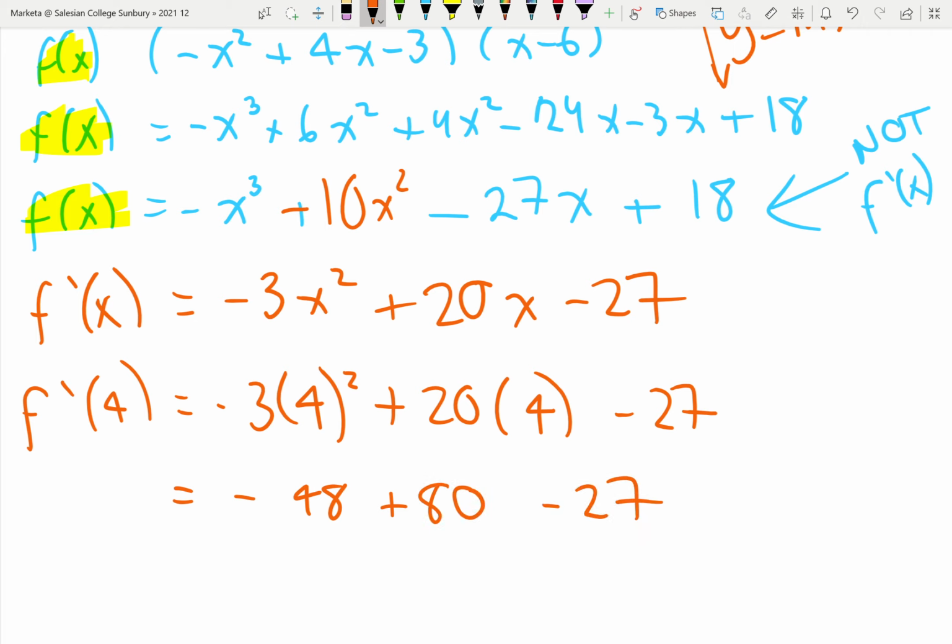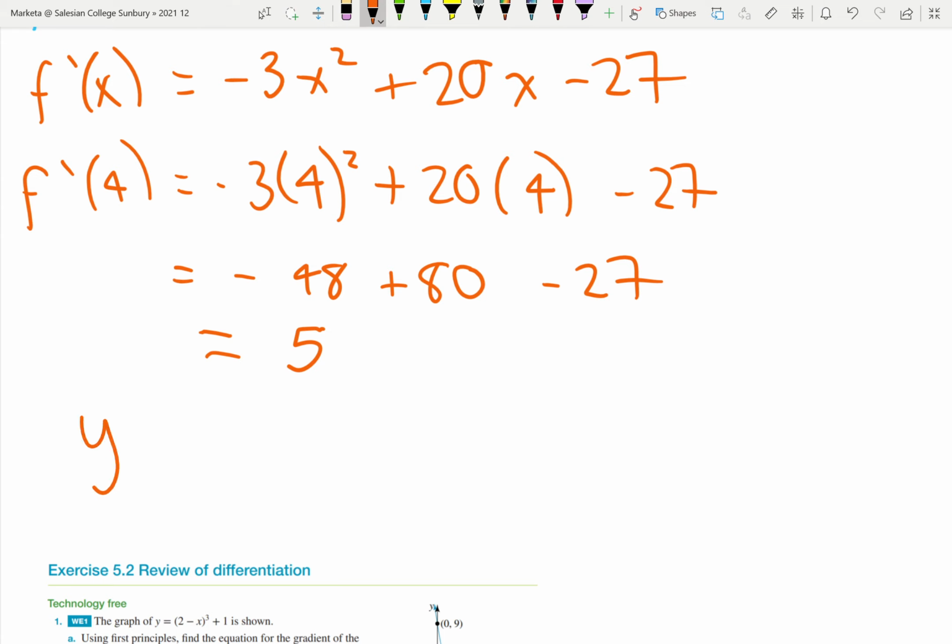Neg 48 plus 80 gives 32, minus 27, we're going to get 5. So the gradient is 5.